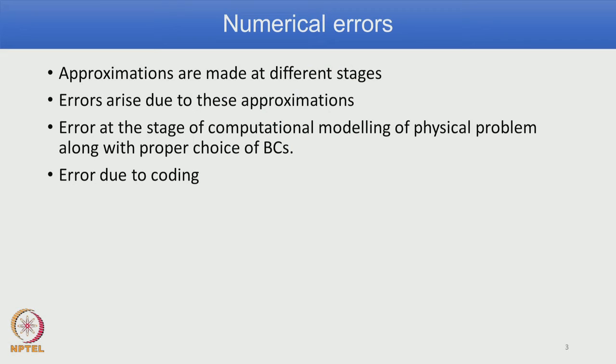The second aspect is the appropriate choice of boundary condition. Again, an ill-posed boundary condition may result in additional error. There is also the possibility that you have modeled the problem properly, but there is a problem in coding.